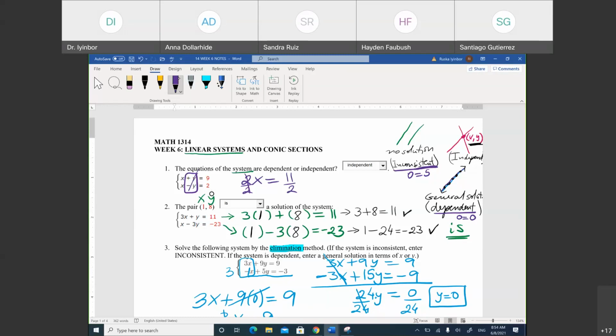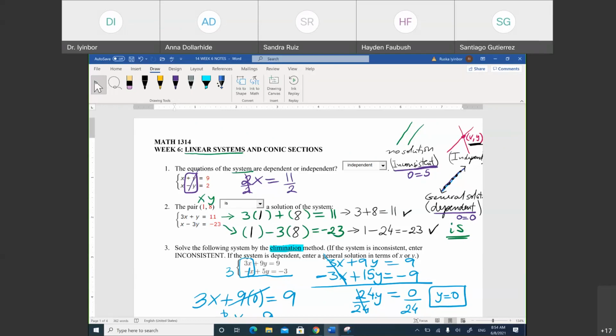Listen: if X and Y cancel and you are left with 0 equals 0, that means the numbers also cancel. If you get 0 equals 0, then it's dependent.